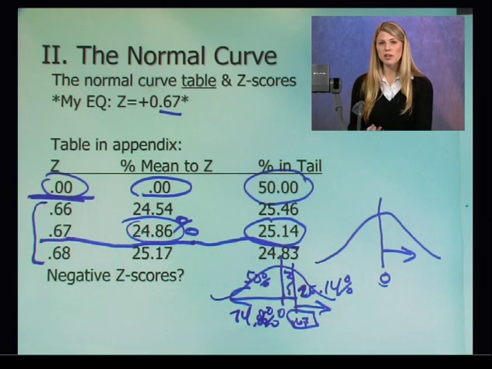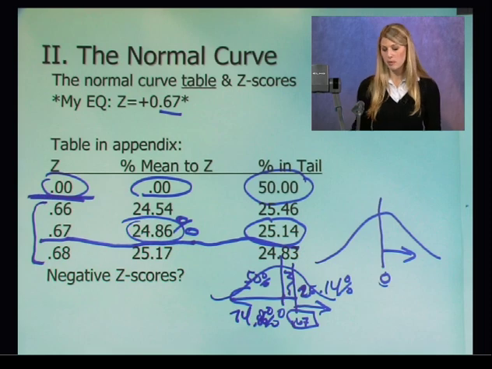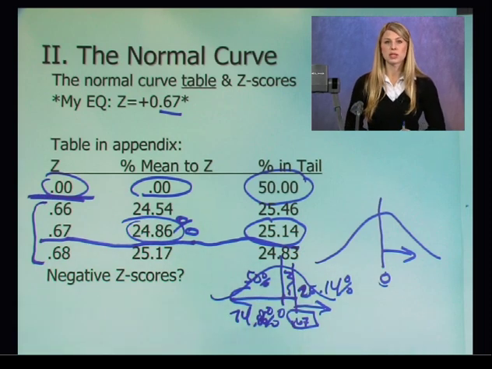So about 74% or 75% of people would score below this EQ score that I got, and about 25% would score above that score. So you see with this table, you can get any z-score and figure out the percentage of people who fall above or below.